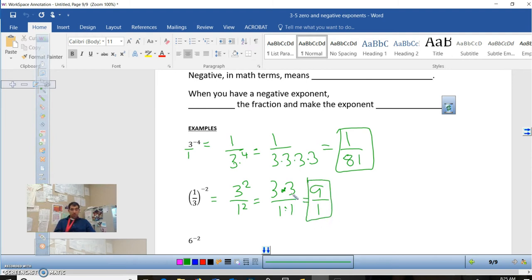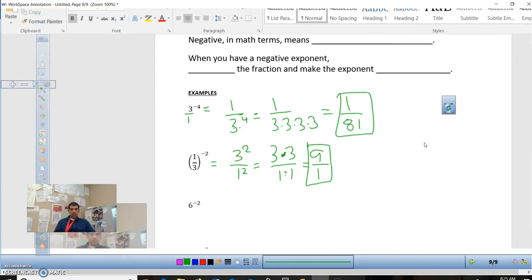So we just flipped the fraction and made the exponent positive. 6 made the exponent positive, so we flip it. So it becomes 1 over 6 squared, 1 over 36. 6 times 6 is 36.